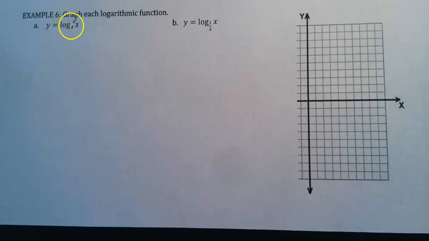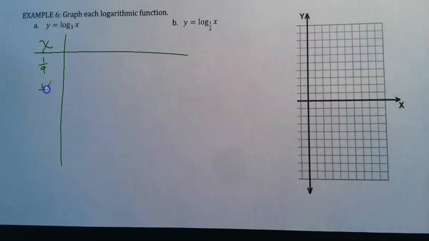We have y equals the log of x in base 3, and y equals the log of x in base 1/3. So let's make a table and pick some values for x that would work well. So we have 3 and 1/3, so we could use 1/9, 1/3, 1, 3, and 9.